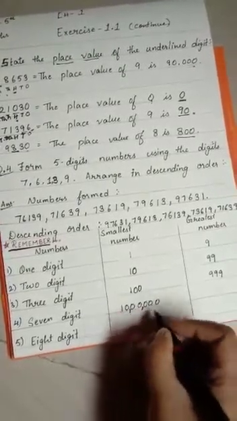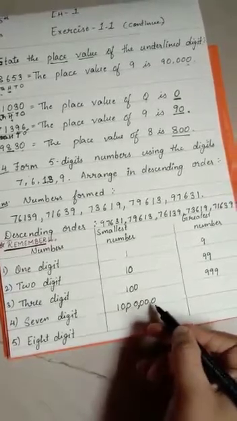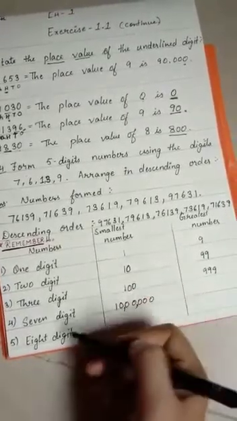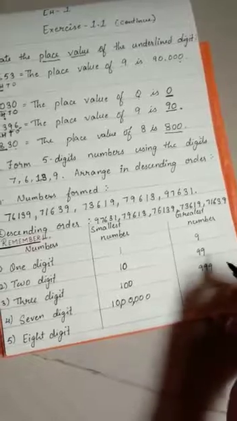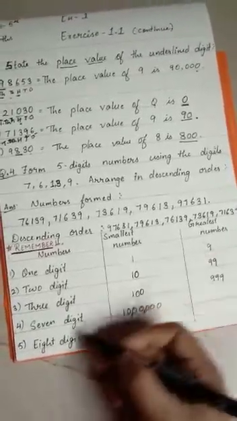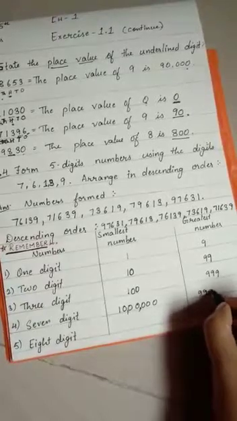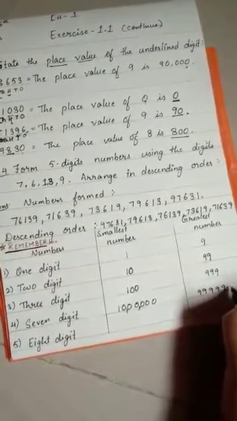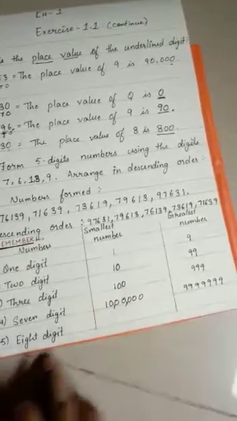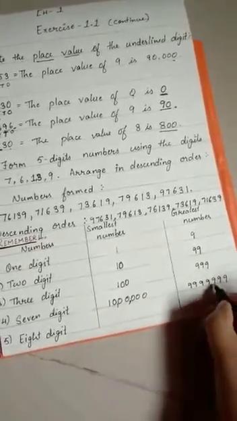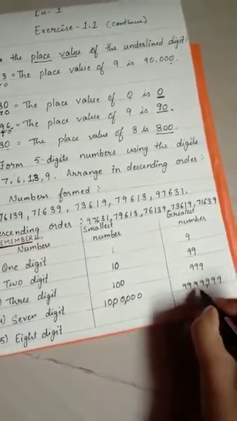So this will be 10 lakh, the smallest 7-digit number. And similarly, the greatest 7-digit number: you write 7 times 9, 1, 2, 3, 4, 5, 6 and 7.